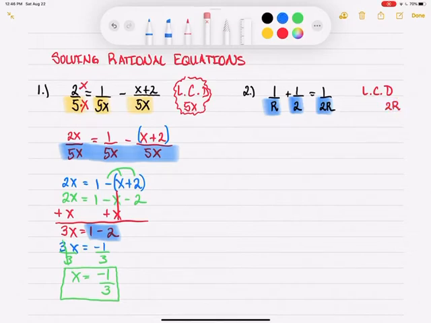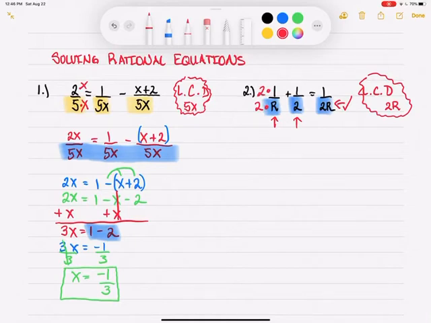Now, what I need to do from here is figure out how do I make all of these denominators 2r. Right here, I don't need to change this denominator. It's good to go. What I do need to do is change r and 2. To make r into 2r, I need to multiply by 2. And whatever I do to the bottom, I also have to do to the top.